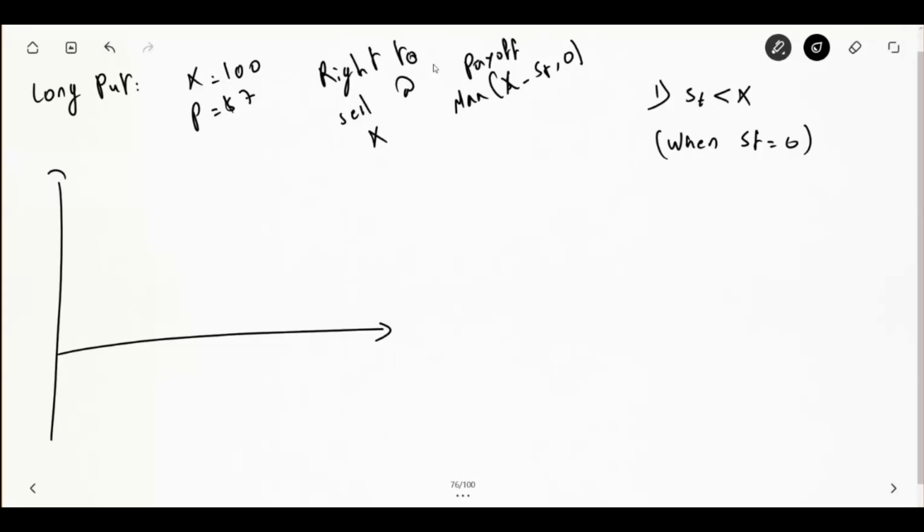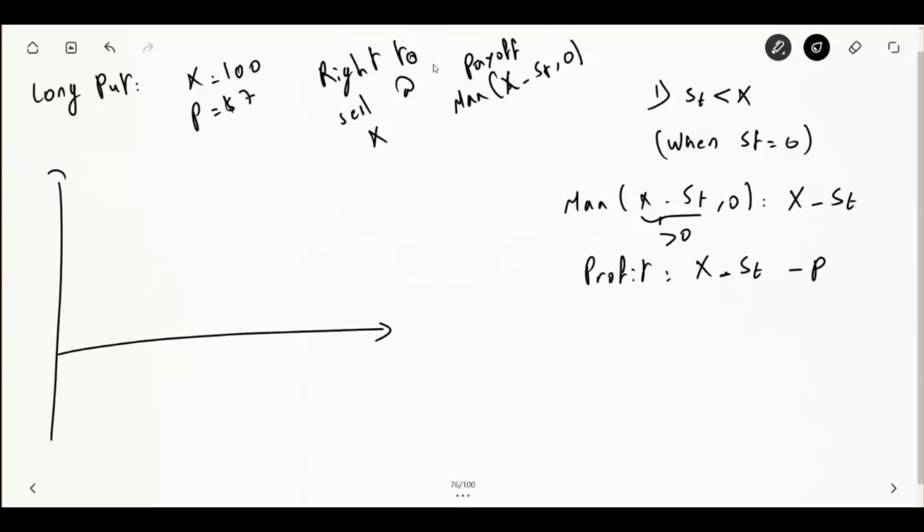So for ST less than X, X minus ST is going to be greater than 0. So in this case, the party with the long position will choose to exercise, and the payoff is X minus ST. The profit is the payoff minus the premium.